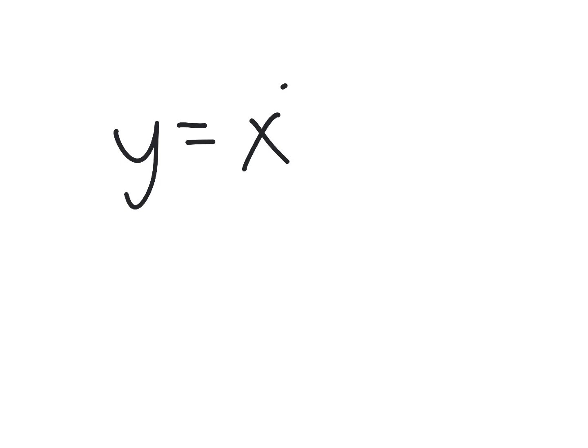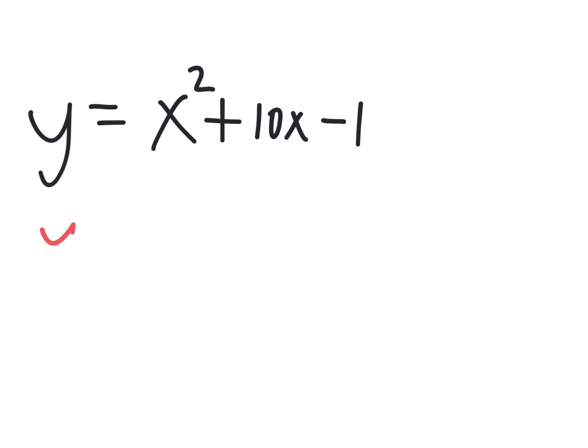y equals x squared plus 10x minus 1. Is that a perfect square? No. So we're doing a process called complete the square, where we say, I wish it wouldn't have been a -1. I wish it would have been this magic number.